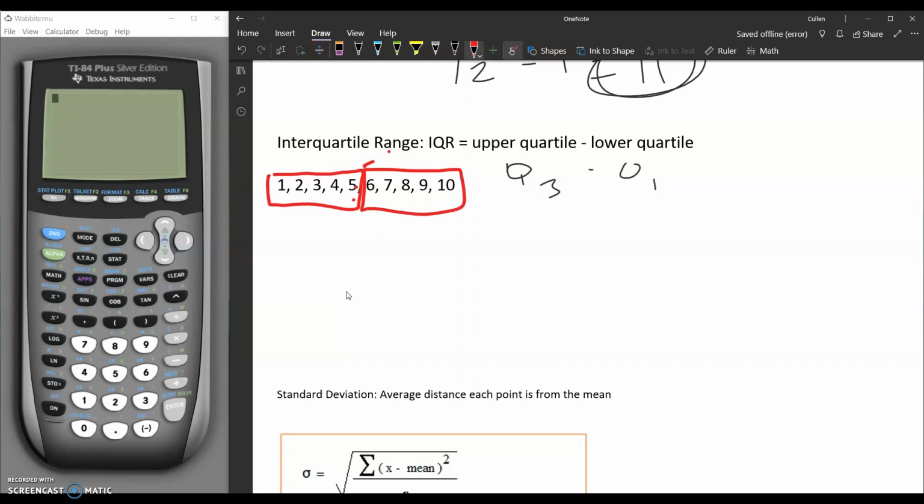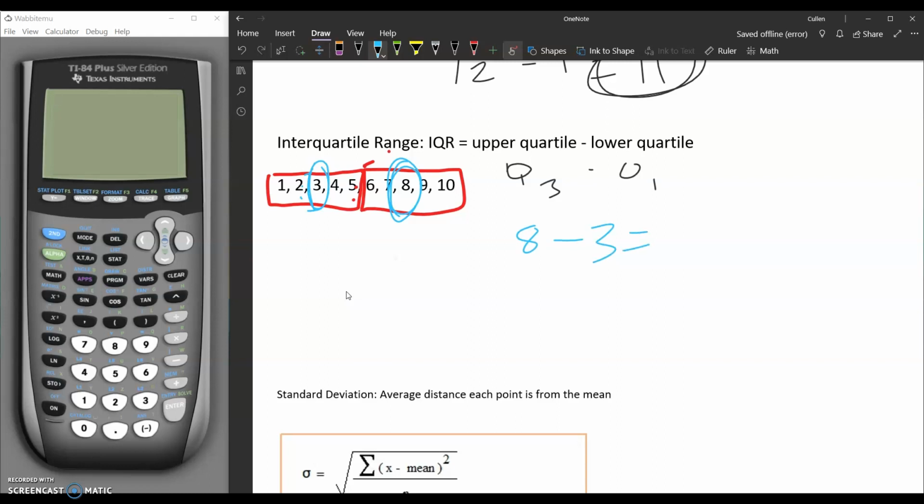And then let me circle your quartiles. Your lower quartile is the median of the smaller half, which in this case would be 3. And the upper quartile is the median of the larger half. So here your interquartile range would be 8 minus 3.